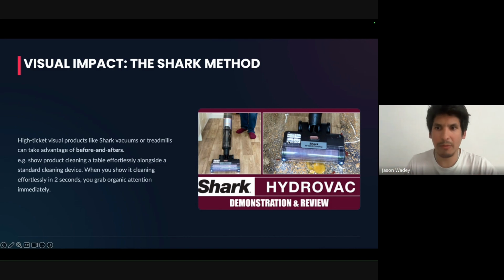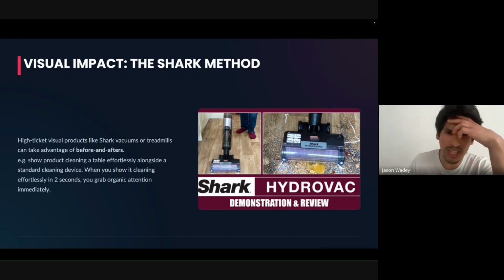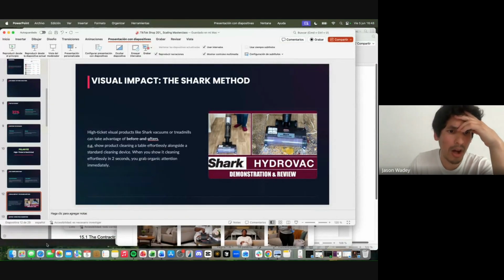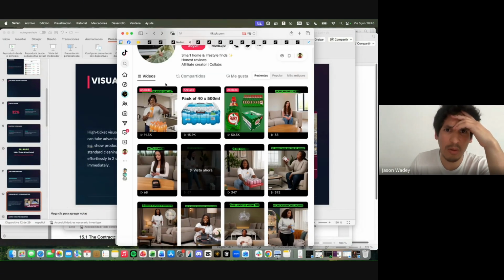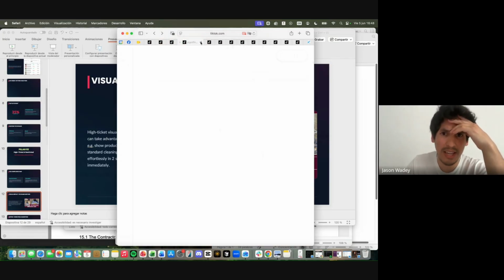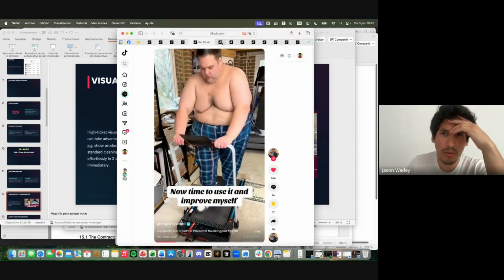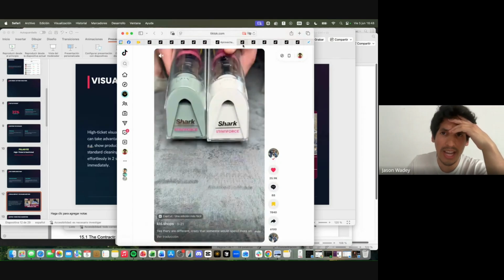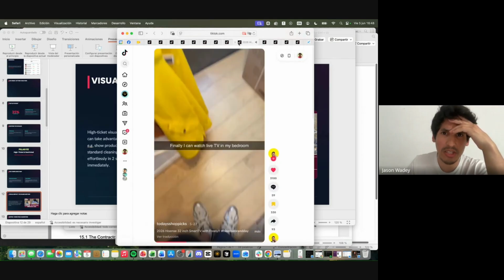Shark, for instance, I'm pretty sure they're making, if I remember correctly, over 1 million GMV per month. So certainly doable. Let me give you some examples in terms of the marketing aspect, because I said that I would discuss this a bit more. I wanted to briefly go through marketing for higher ticket products. Okay, so I've got some examples here.